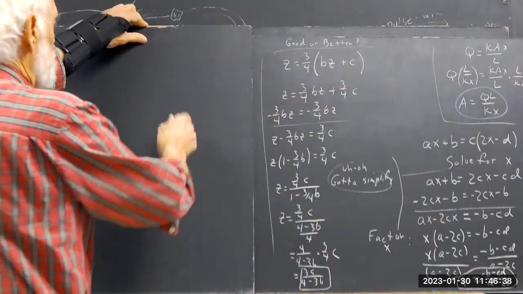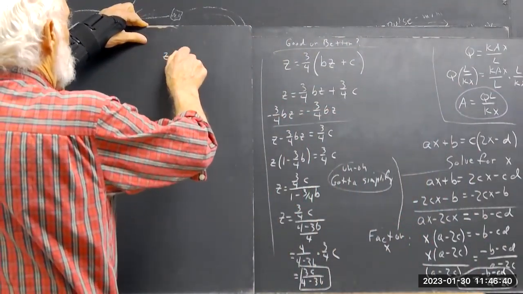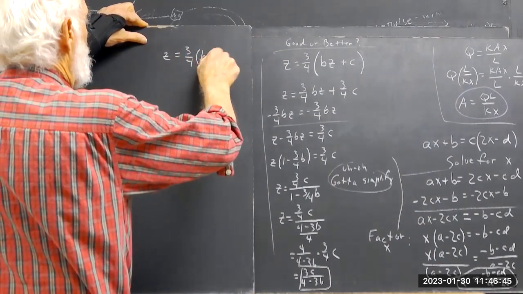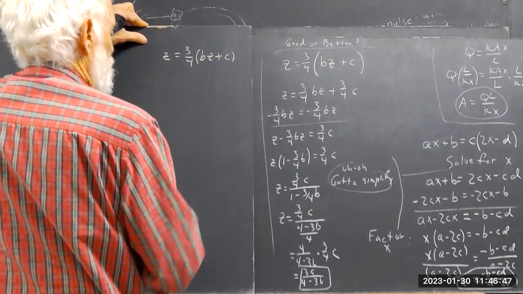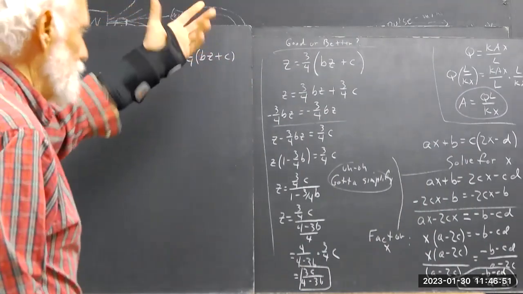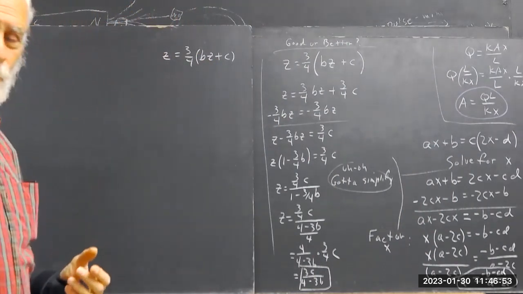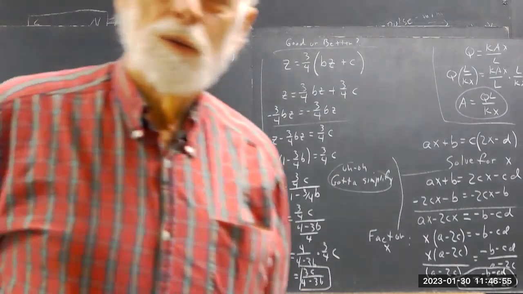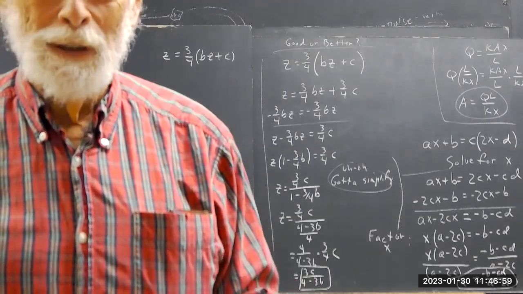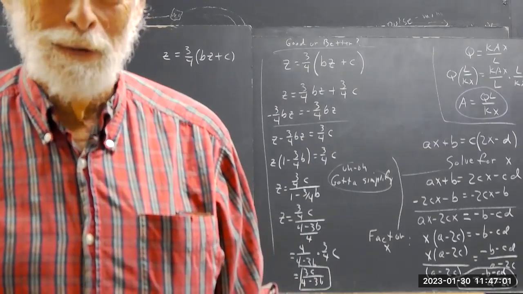Next, let's start over. We got z equals the same equation. What do we see? I don't know what you see, but I see a denominator and I don't want to work with a denominator.